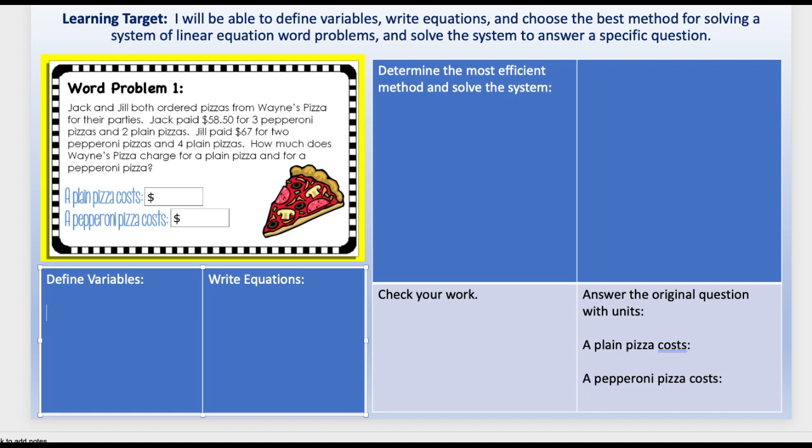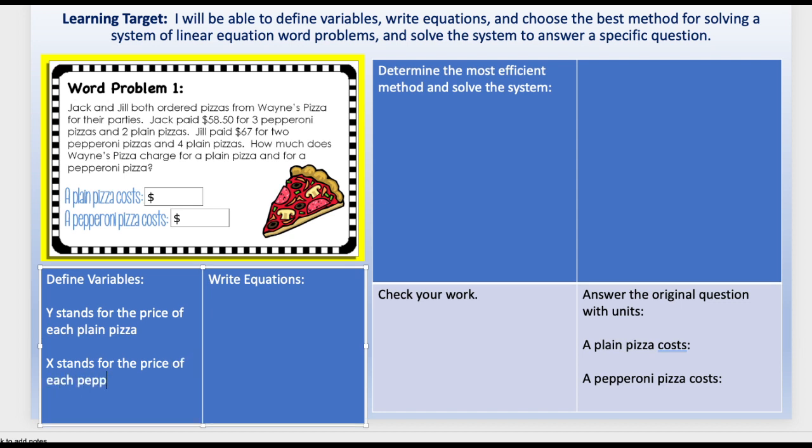I'm going to go ahead and just say that Y will stand for the price of each plain pizza. Really, you can pick any variable that you want. I'm just picking X and Y for simplicity's sake here. So then I'm going to say X stands for the price of each pepperoni pizza.